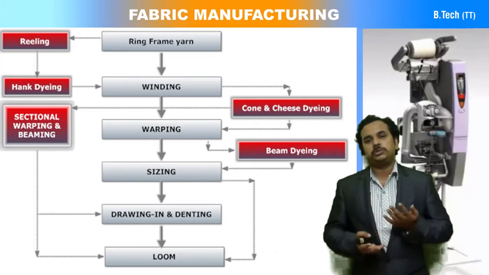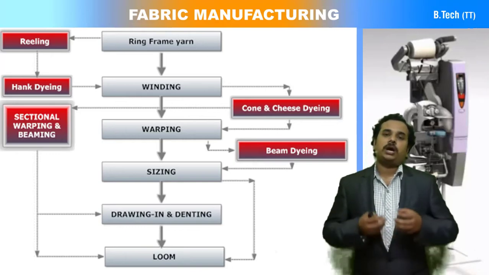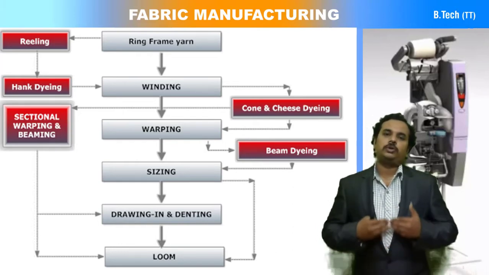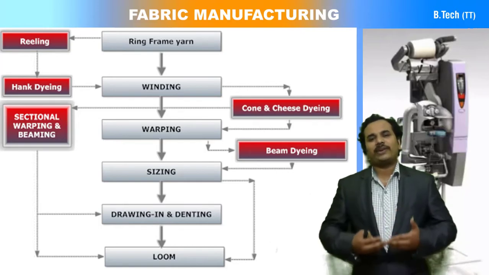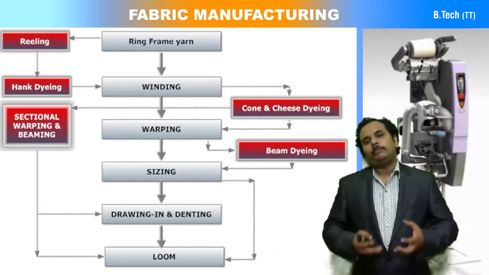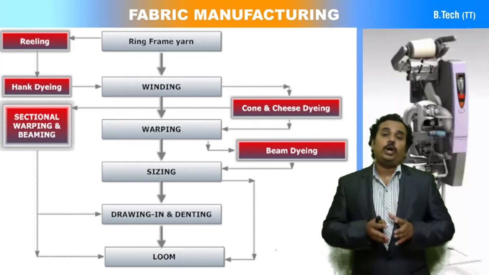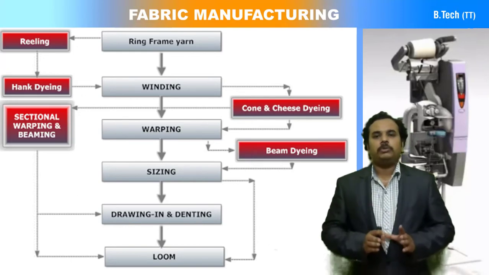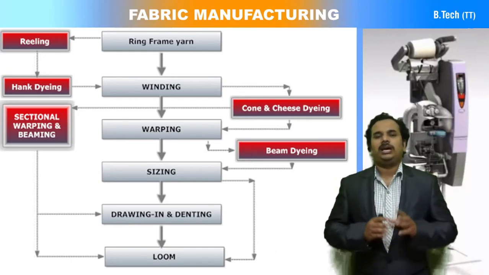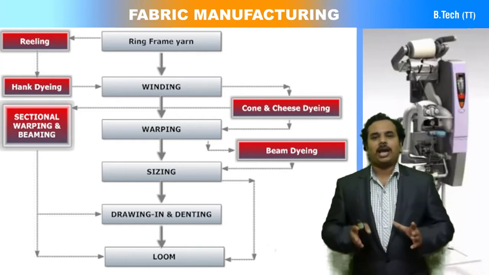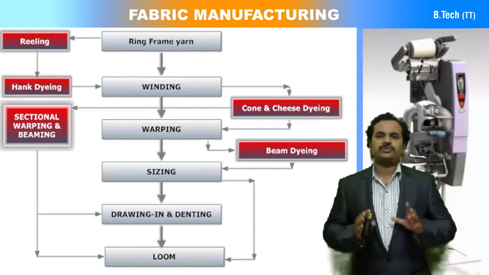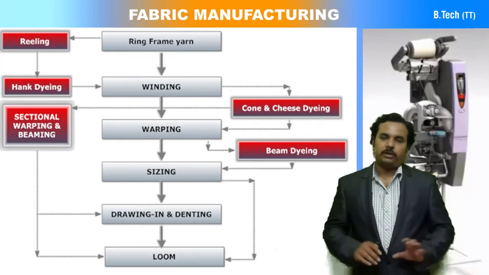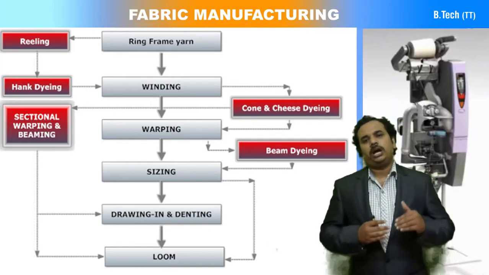Here we are imparting some tension onto the warp sheet; stresses and strains are applied because the warp sheet is moving. These stresses and strains are overcome by adding the sizing ingredients into the yarn structure, so the yarn becomes weavable. Whatever stresses and strains are applied in the weaving machine are resisted. So sizing is one of the operations.